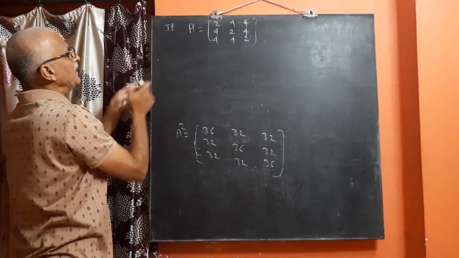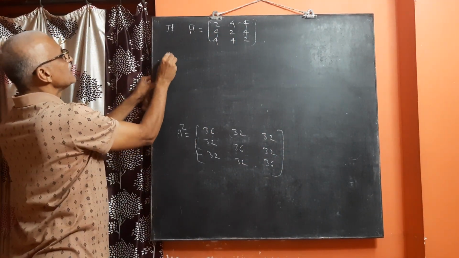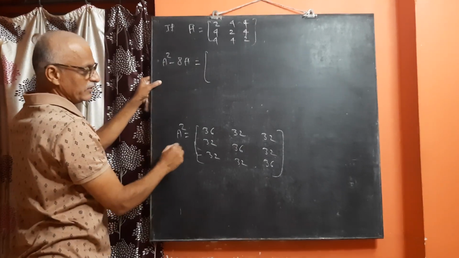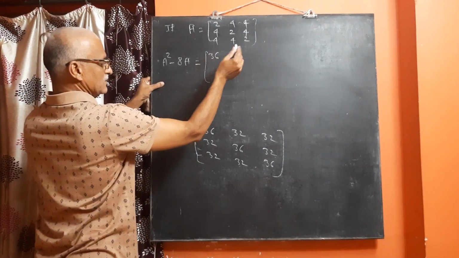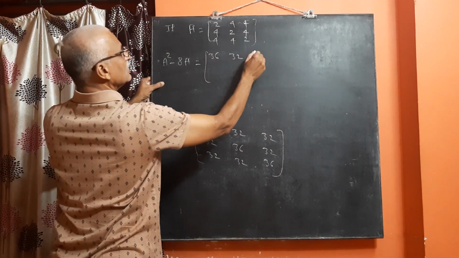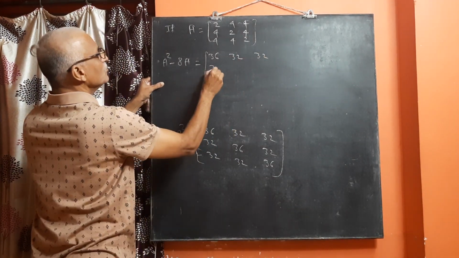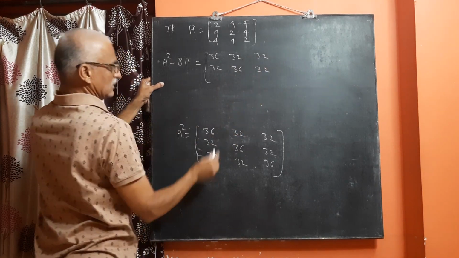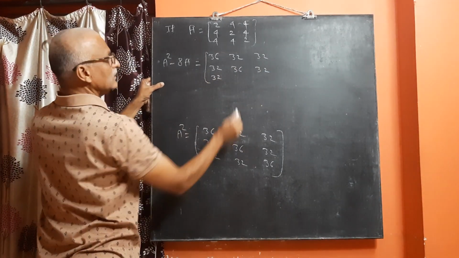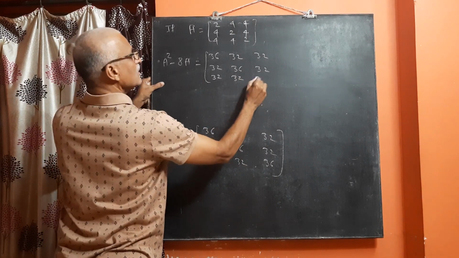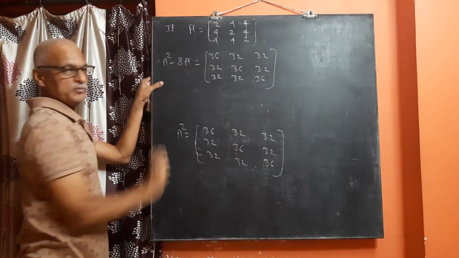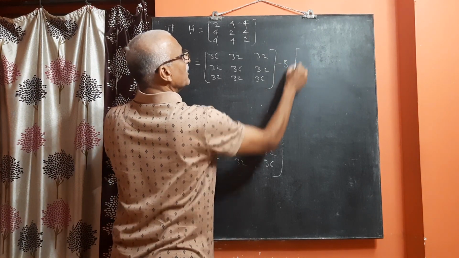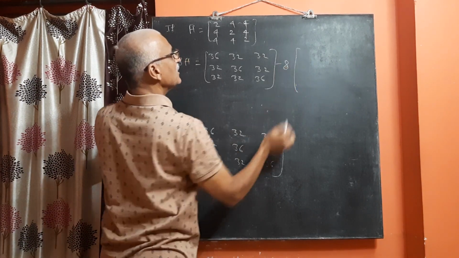This is our second step. The value of A square we have got is 36, 32, 32, 32, 36, 32, 32, 32 and 36, minus 8 into A.